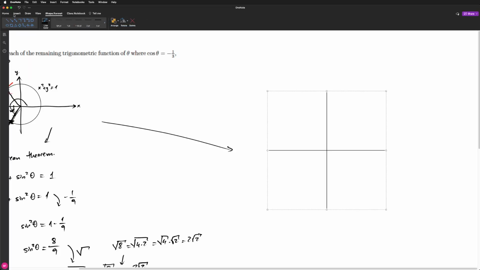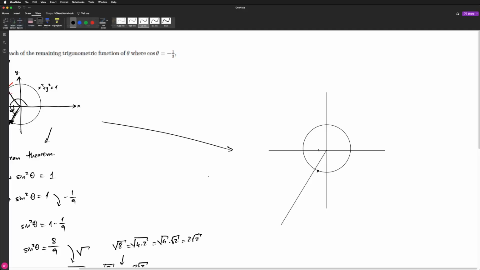I'm looking for a point whose x-coordinate is negative 1 over 3, and it's on the unit circle. So what I would do is simply make my triangle bigger.